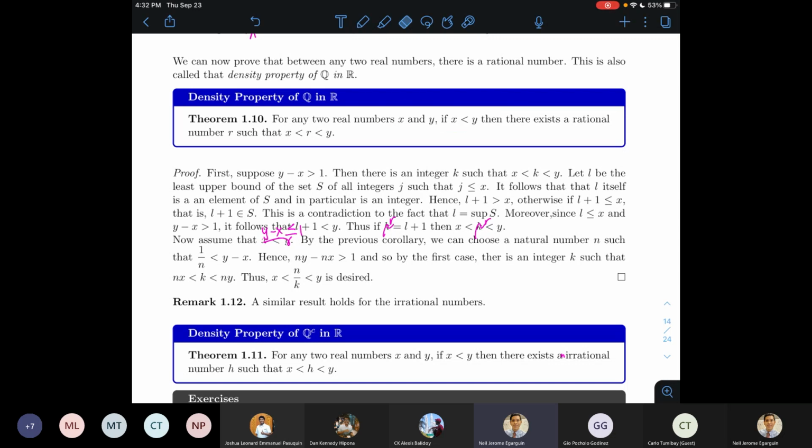So in a nutshell, the density property says sa pagitan ng dalawang real number, laging may rational number. Okay? So ibig sabihin ay siksikan yung mga rational numbers sa set of real numbers. Kasi sa pagitan ng kahit anong dalawang real number, may makikita kang isang rational number.